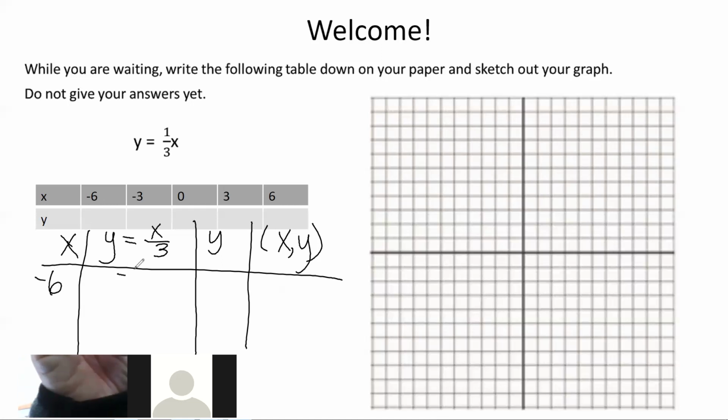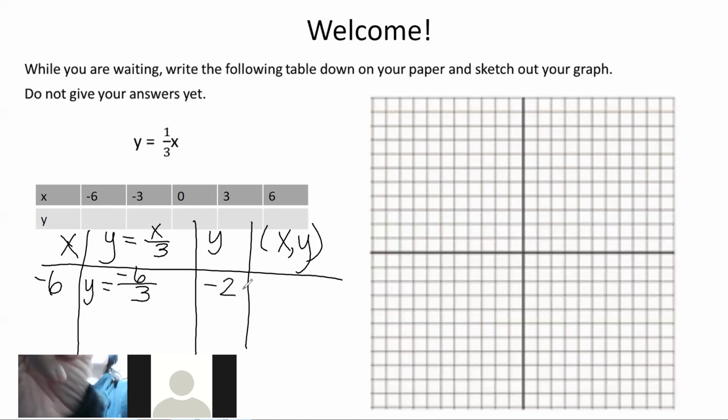We would get -6 divided by 3. What does that give me for y? What is -6 divided by 3? -2. Thanks, Malachi. Very good.